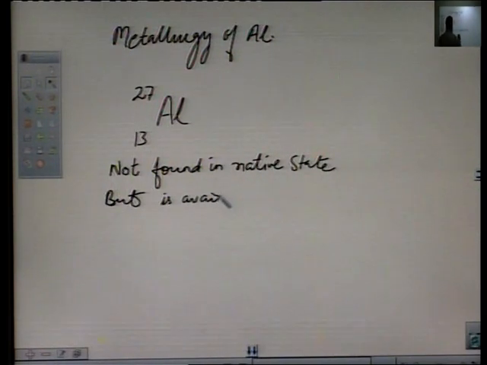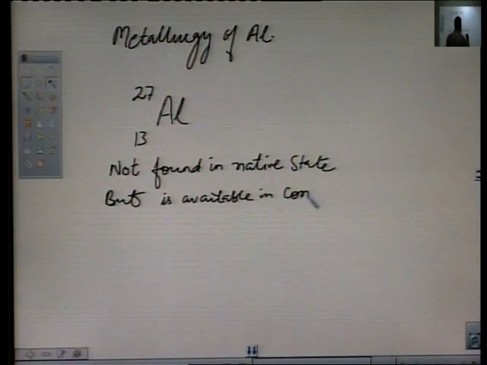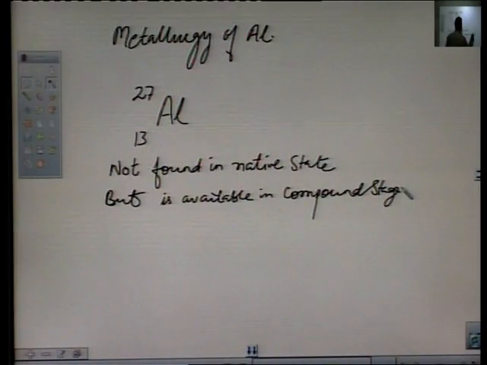The different compounds of aluminium from which we get aluminium are called ores of aluminium.